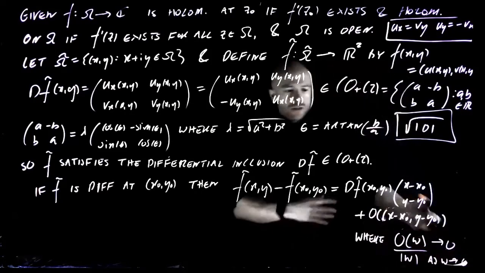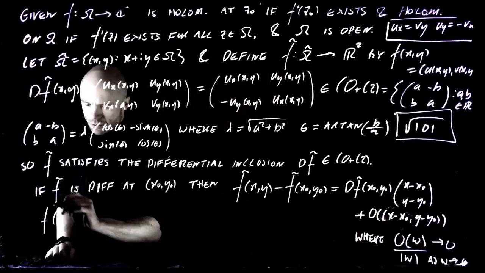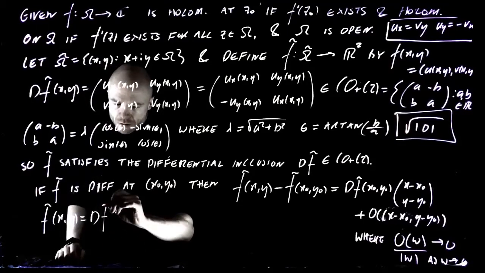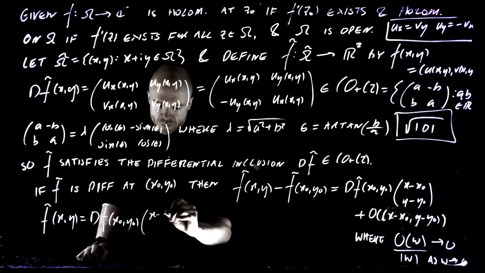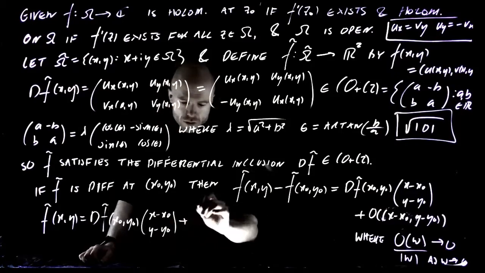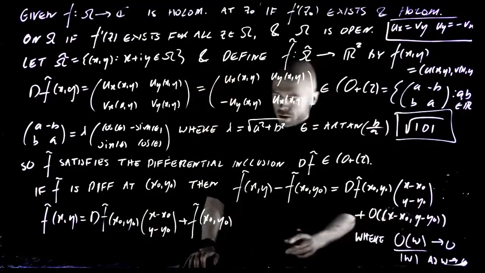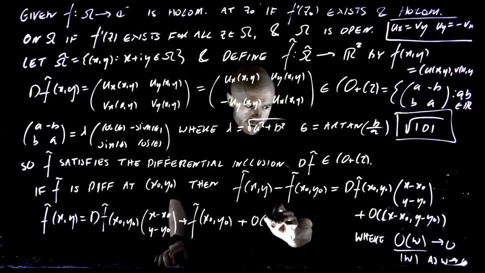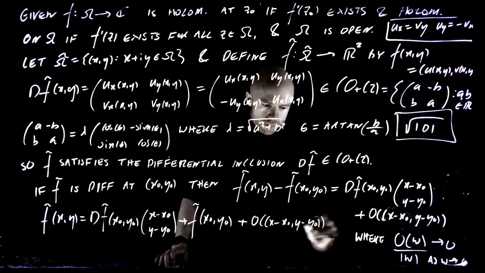This is the definition of differentiability. So we can rewrite this as f tilde of xy is this, which gives us this right here, plus order of x minus x0, y minus y0.